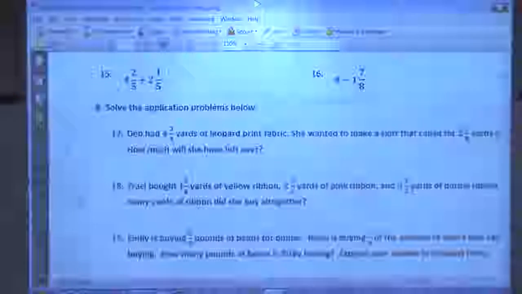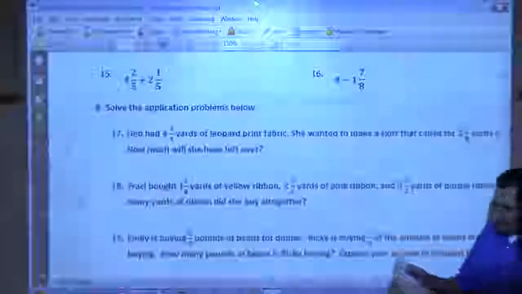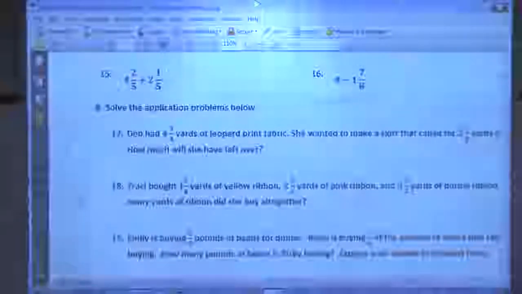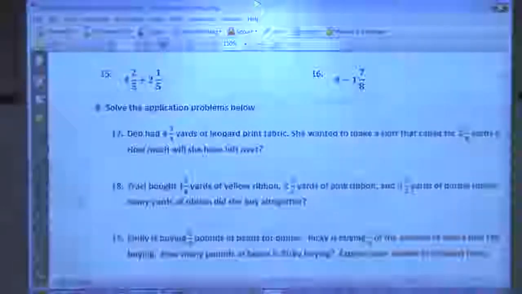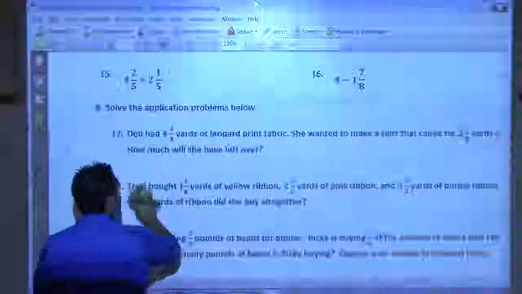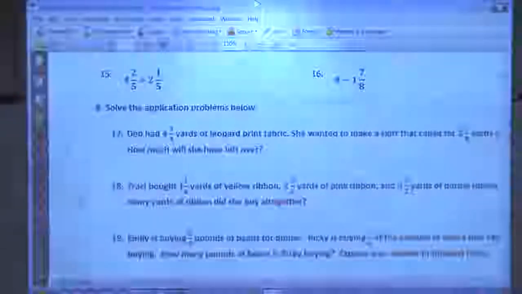With the exception of problems, the front page you should be able to do. The back page is what we're going to talk about today. All right? So let's see how far we get. Hopefully if we get far enough, then we'll be ready. If for some reason I don't get as far as I want to, then I'll tell you what problems to not worry about on the exam. All right, so let's get going.